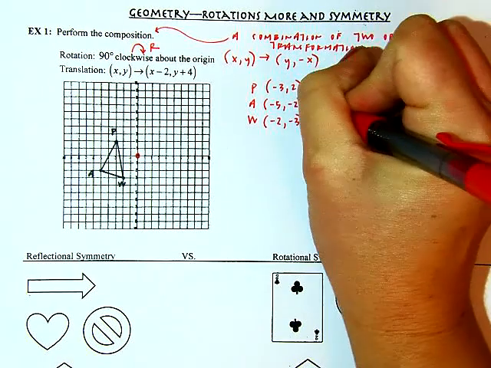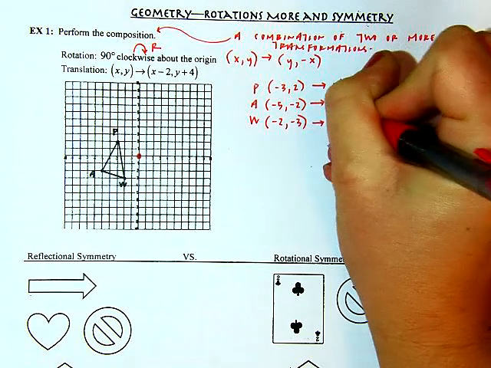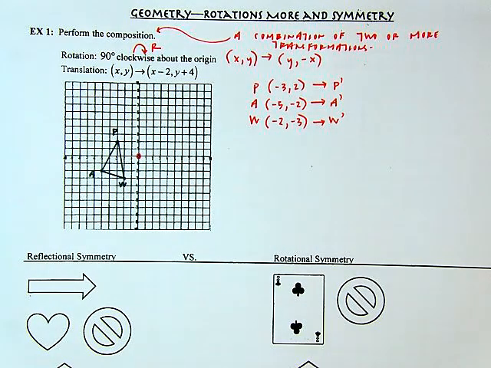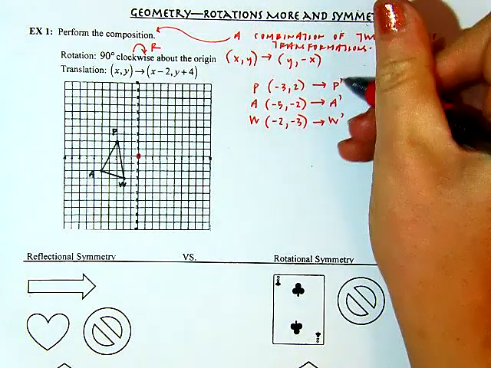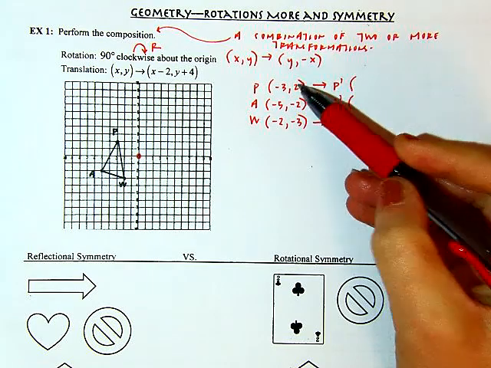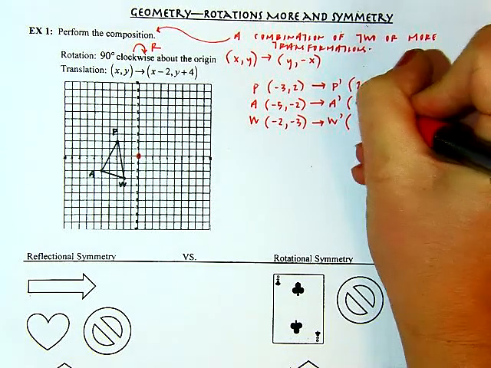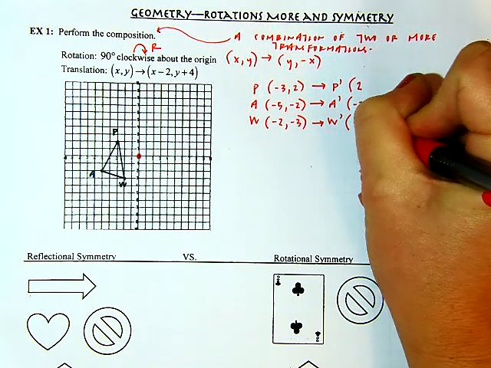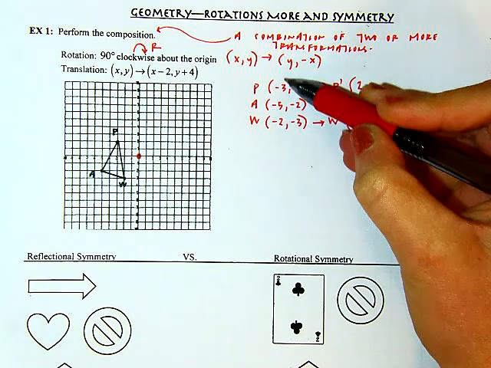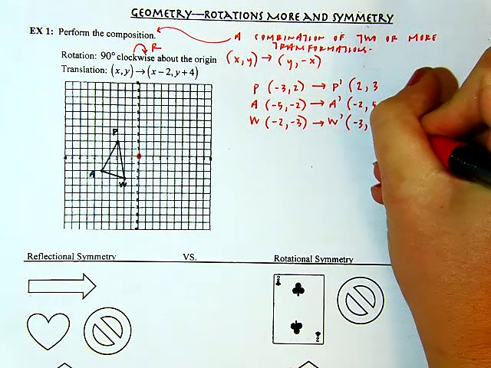If I apply the rule, it's telling me to switch the positions of x and y, and all of those original x values switch to the opposite sign. So first I'm going to take all those y values and write them first: 2, negative 2, negative 3. Then I'm going to take all of these x values and make them the opposite sign: 3, 5, 2.